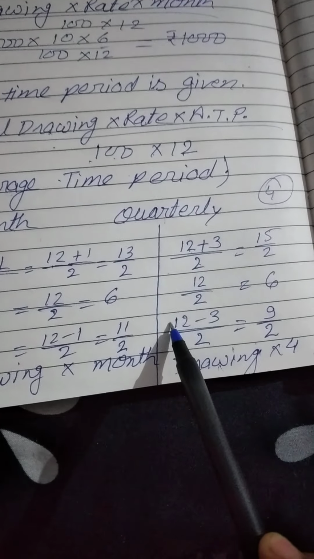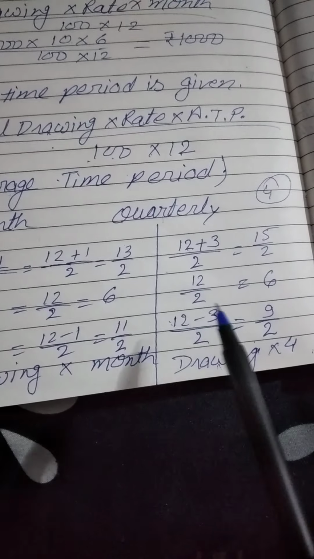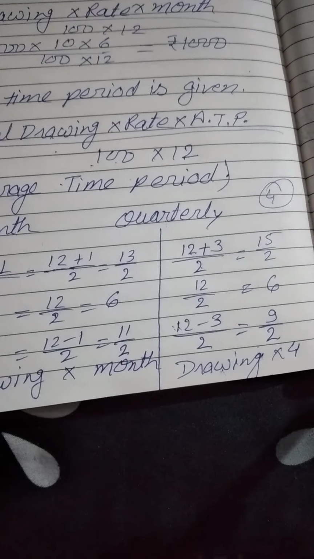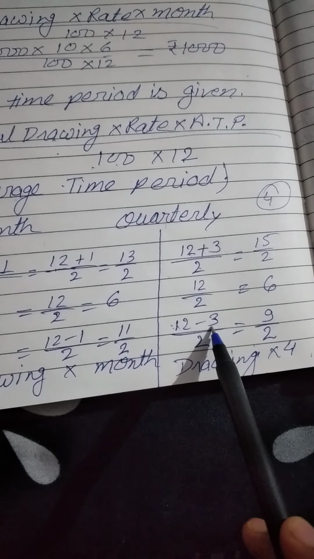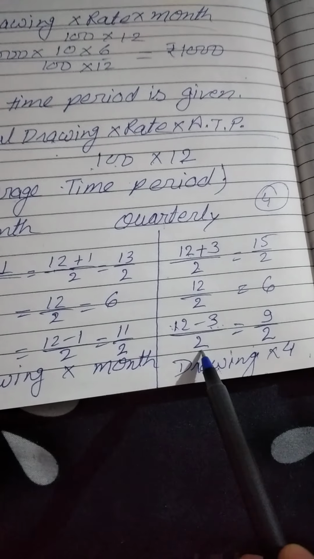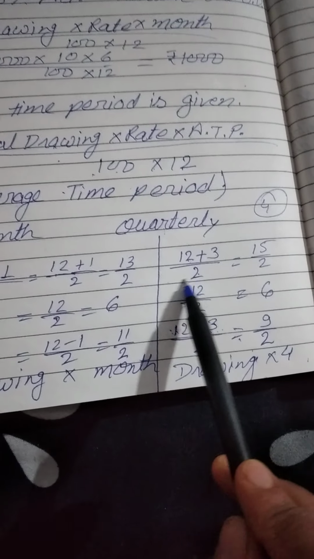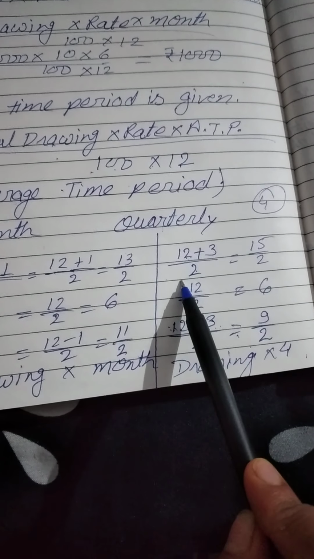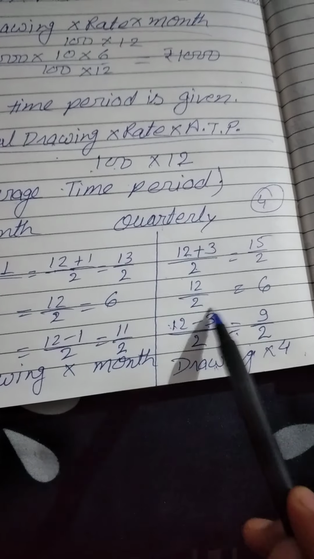If he withdraws at the end of every quarter, 3 months are excluded, that is January, February and March. That is 12 minus 3 upon 2. And if he withdraws in the middle of every quarter, then 12 upon 2.